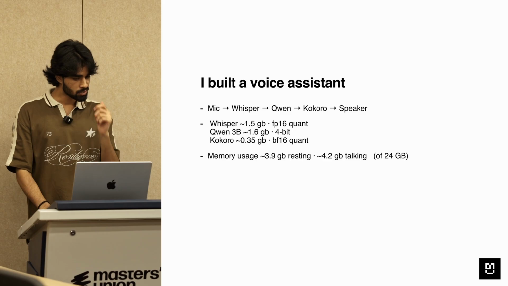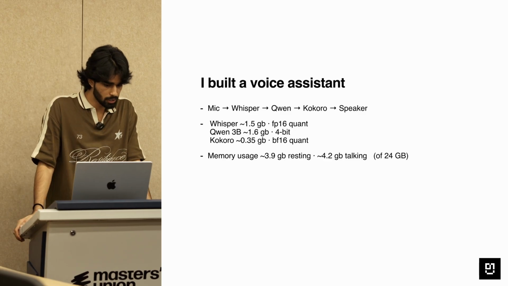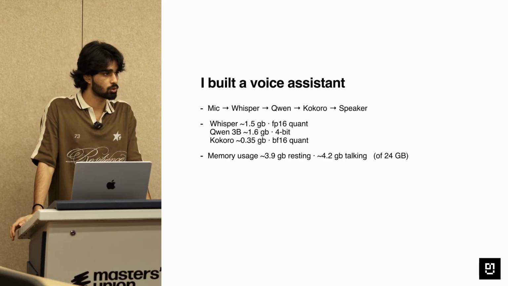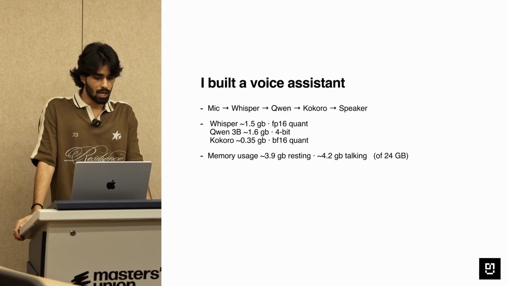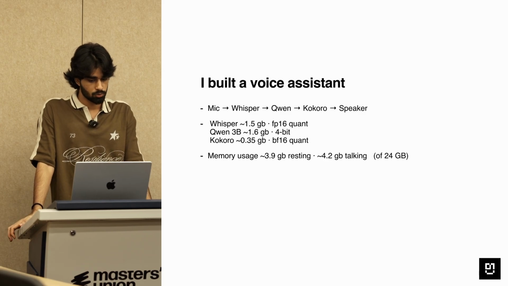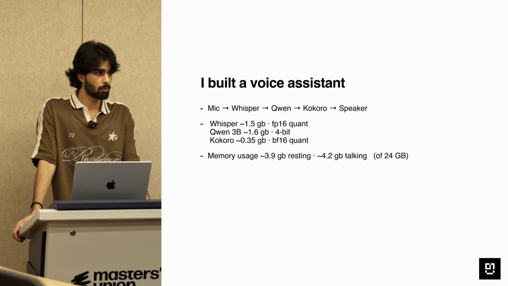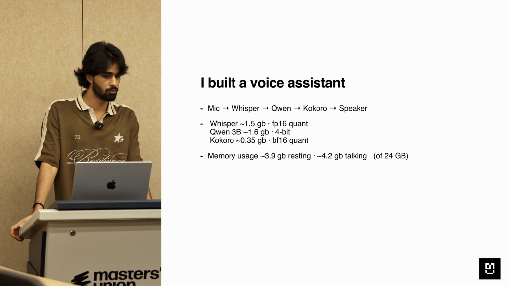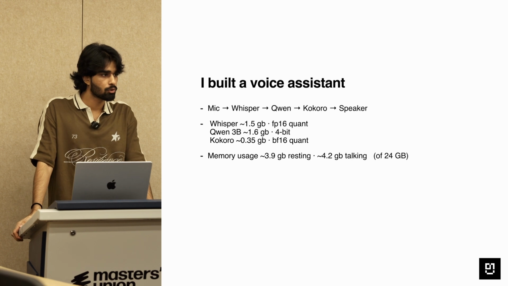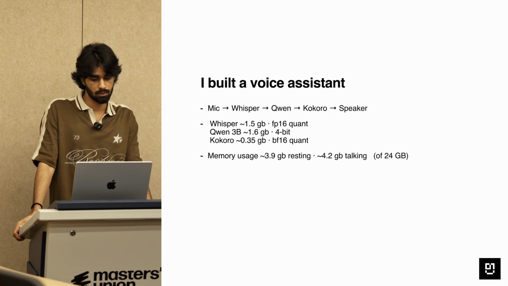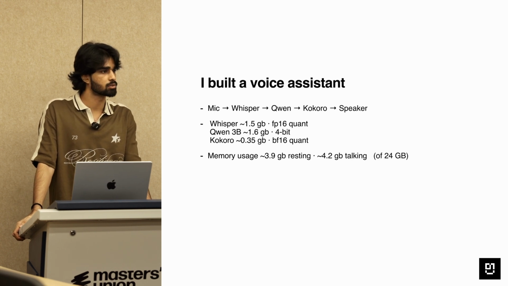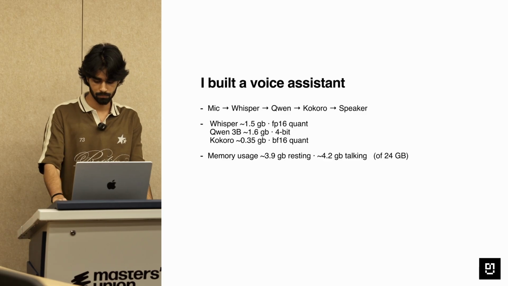And interestingly, the memory usage is only 3.9 GB, which works on my Mac. At rest, it was 3.9 GB. While it was talking, it was 4.2 GB out of my 24 GB of RAM, which is very good for me, and I don't feel any lag, at least on my Mac.